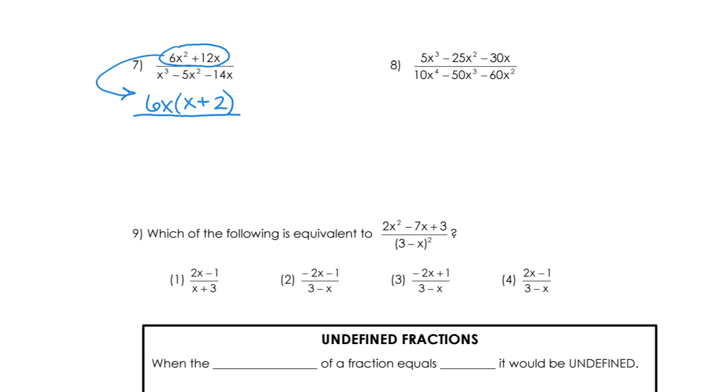On the bottom, this is a trinomial. However, there is something in common, and so we will go ahead and pull it out. I'll pull out the x and be left with x squared minus 5x minus 14.